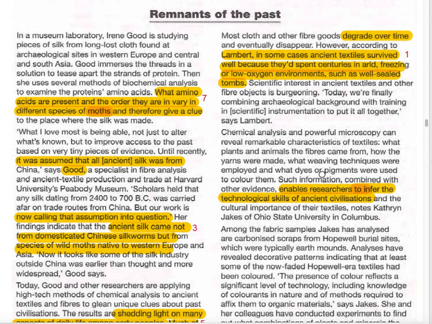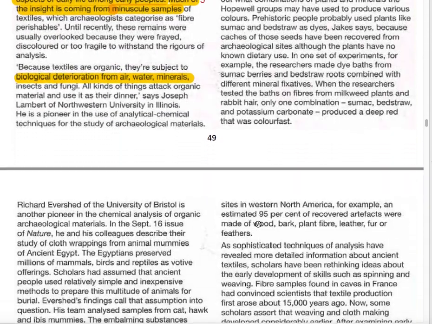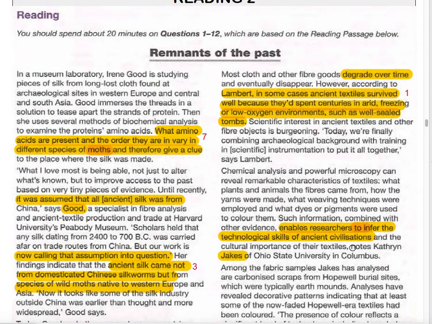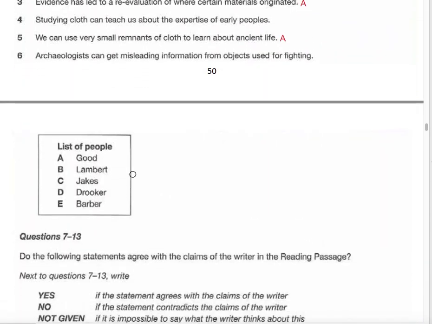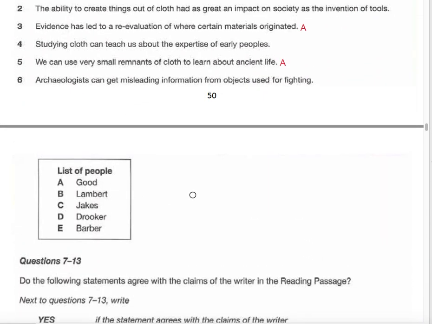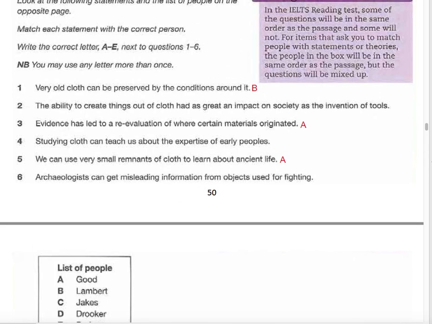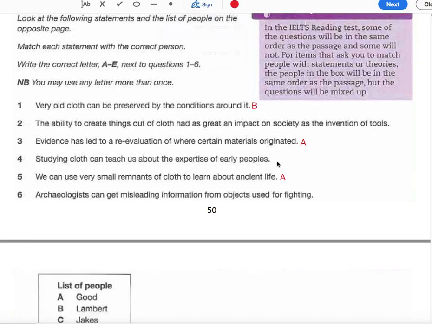So that is who? Notes Catherine Jakes of Ohio State University. So Jakes. Notes means suggests, or she says that. So Jakes, C for number 4. Okay.